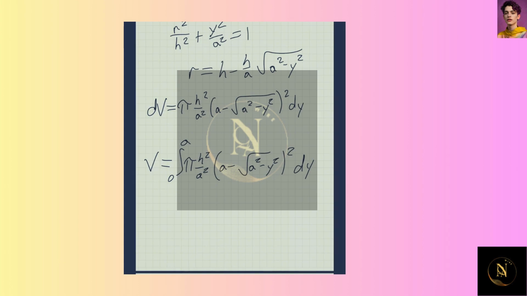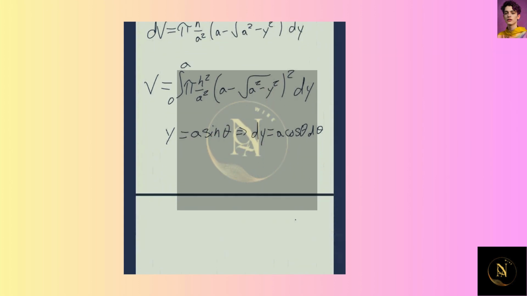Now to solve this integral, we're going to have to convert y in terms of a and sine to make it possible. So y is equal to a times the sine of theta, therefore, dy is equal to a cosine theta d theta.